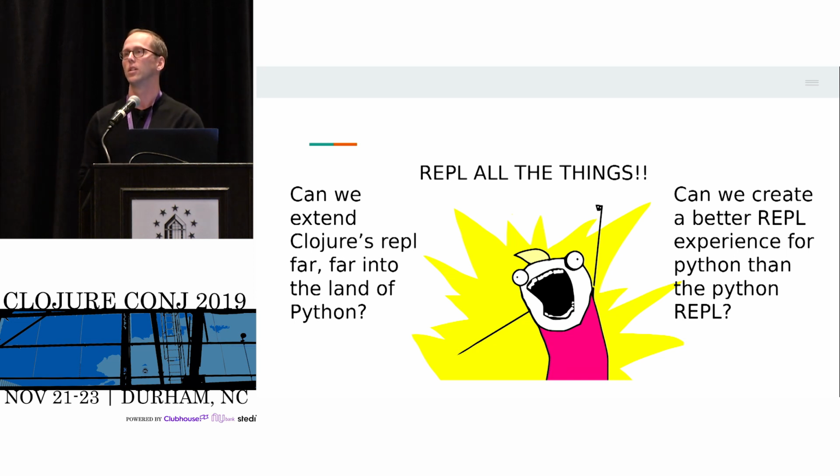So there's potential that using the REPL through Clojure is a nicer way to develop a lot of Python stuff than using the Python REPL in the first place. One thing I'd like to explore is, can we make a better REPL experience for Python people?